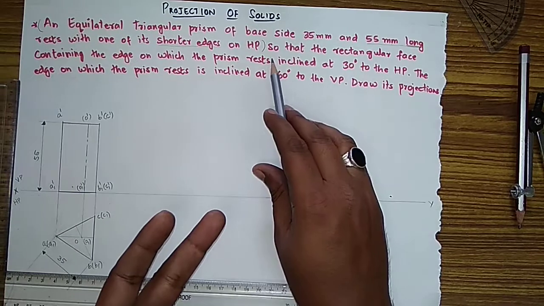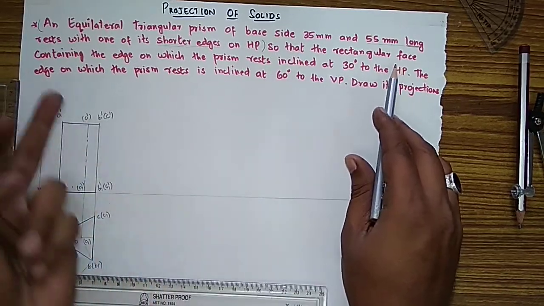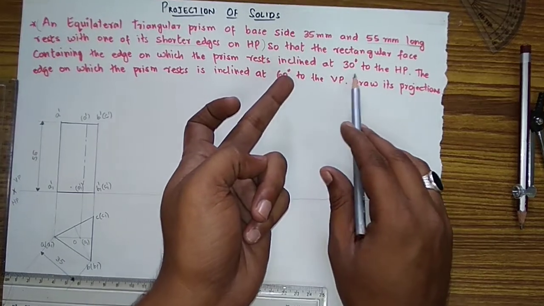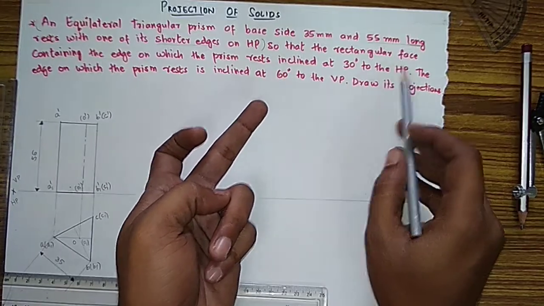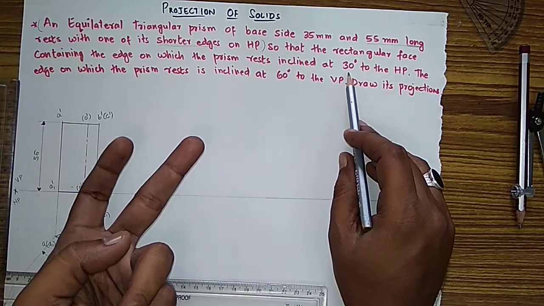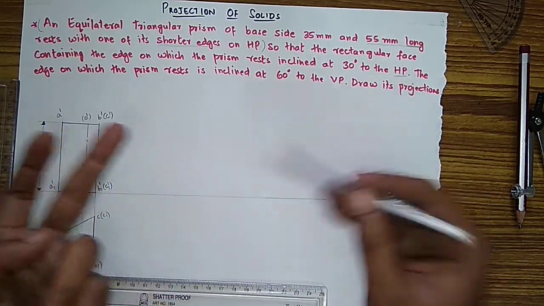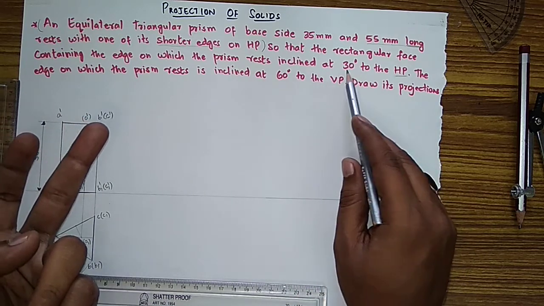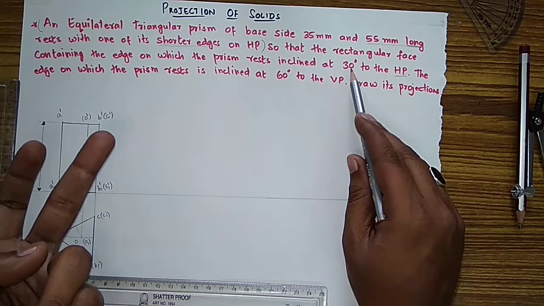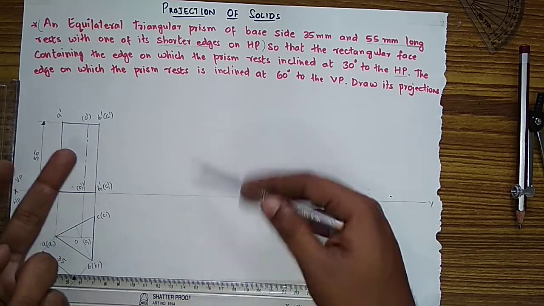So I will see in the question: the rectangular face containing the edge on which the prism rests is inclined at 30 degrees to the HP. Means this angle is 30 degrees to HP. If in the question the angle is given to you with respect to HP, that angle is suitable for the second projection.